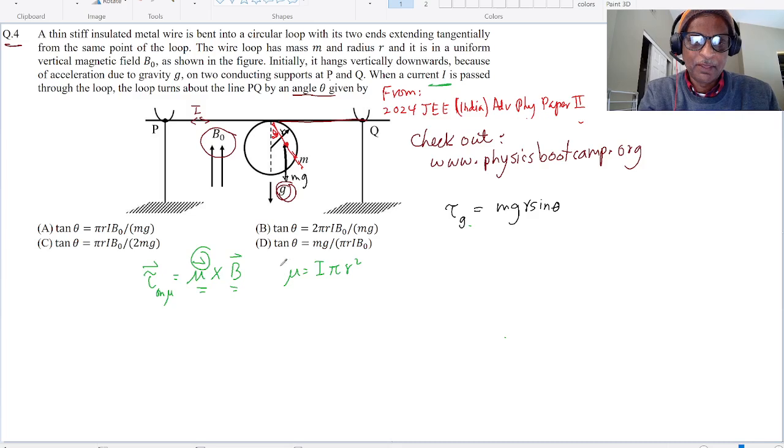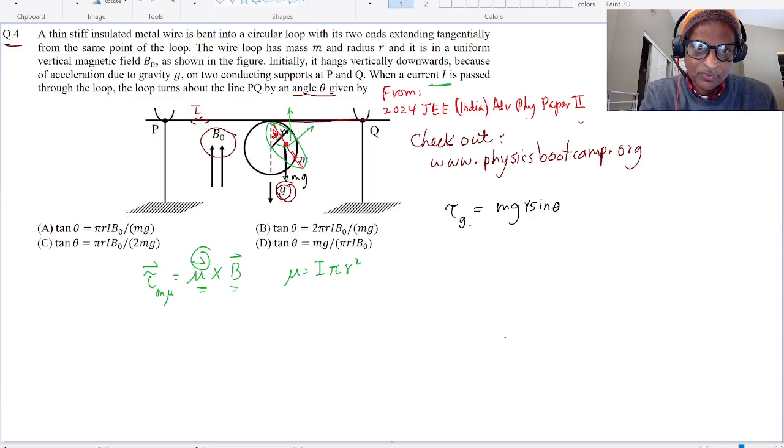So you can see that you have a cross product: the loop is pointed this way, B0 is up, and mu will be perpendicular to that.